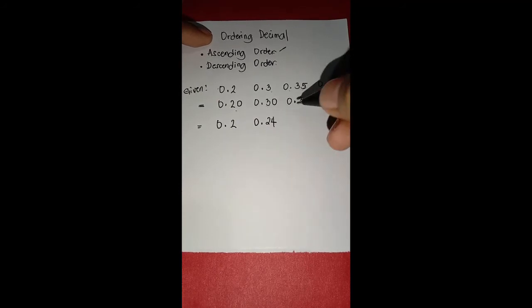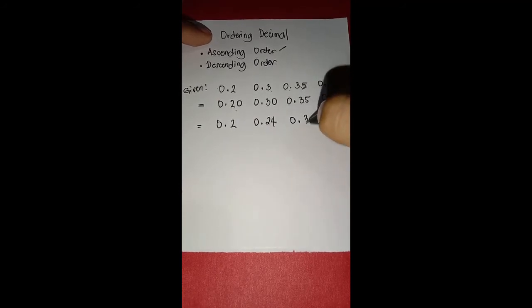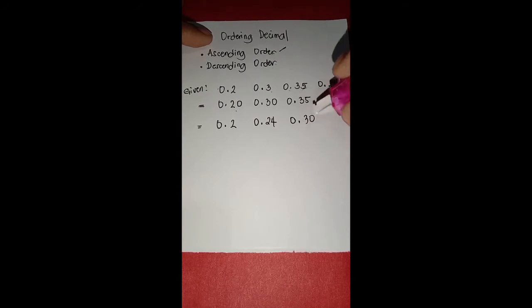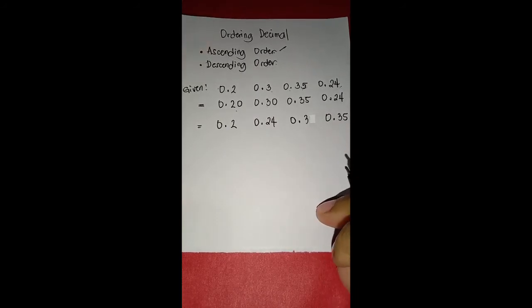Followed by 0 and 30 hundredths, or rather, let's say 0 and 3 tenths, because hindi na siya kailangang isulat yung 0. And the last one is the 0 and 35 hundredths. So, ganyan mag-arrange ng ating decimals.